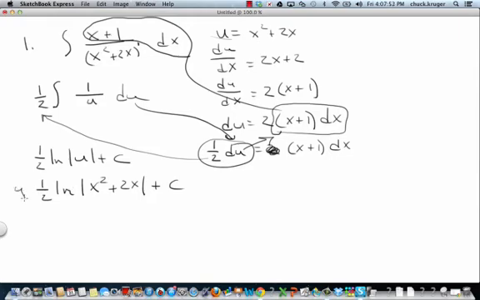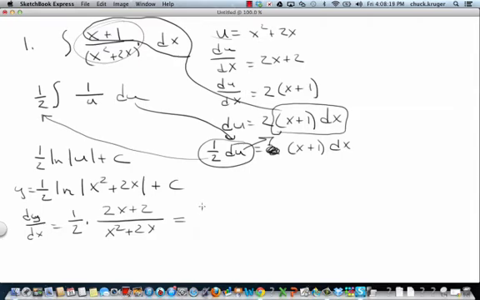Now let's say that's equal to some y, and just as a check, I'm going to take the derivative. I should end up with this expression right here. So dy dx would equal 1/2 times 1 over x squared plus 2x. Up here I'd have 2x plus 2. And then that c would be 0.